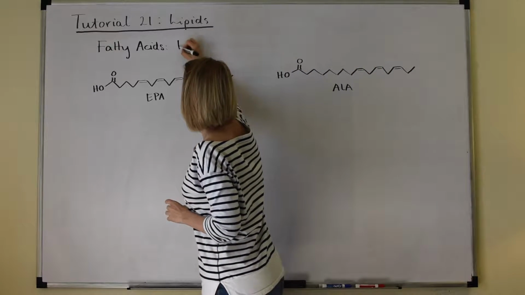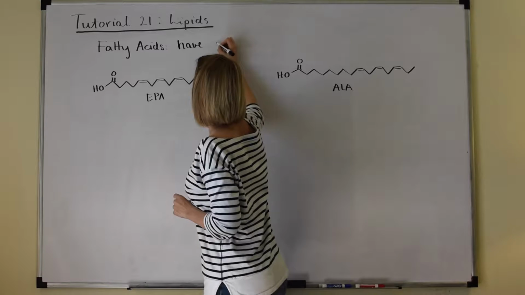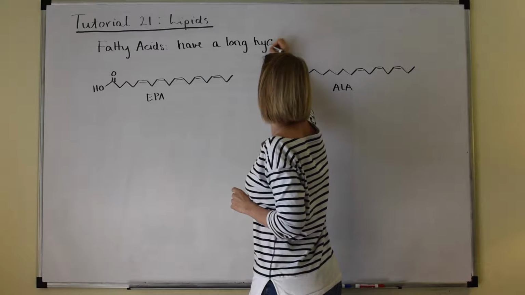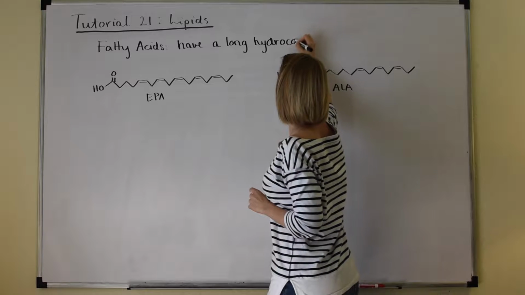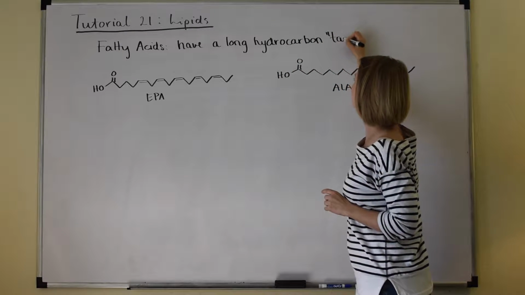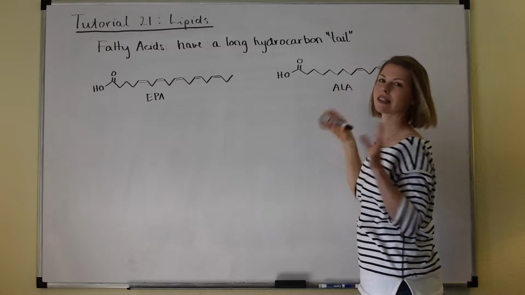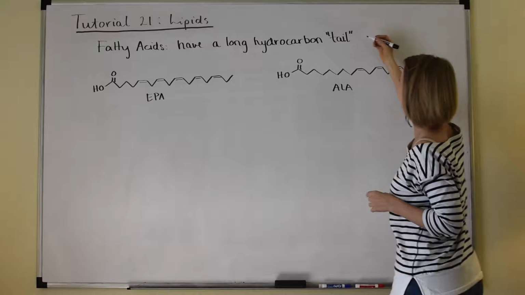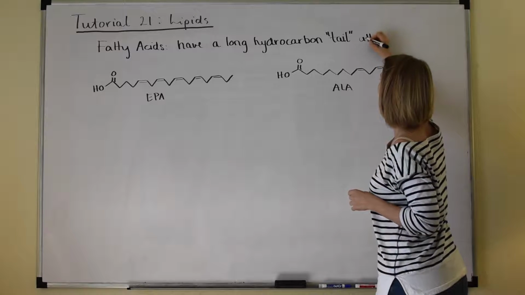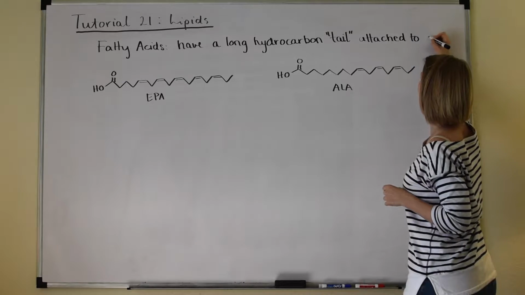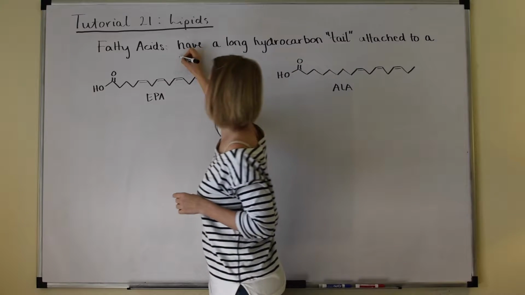Fatty acids have a long hydrocarbon "tail." Put that in quotes because it's not really a scientific way to say it, but it kind of does look like a tail, attached to a carboxylic acid.